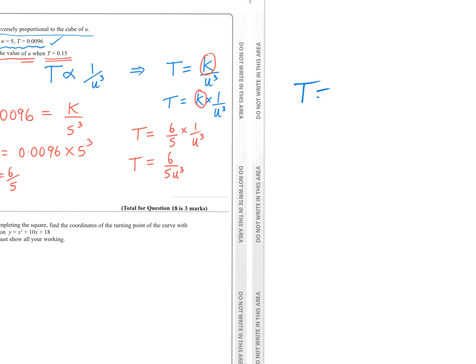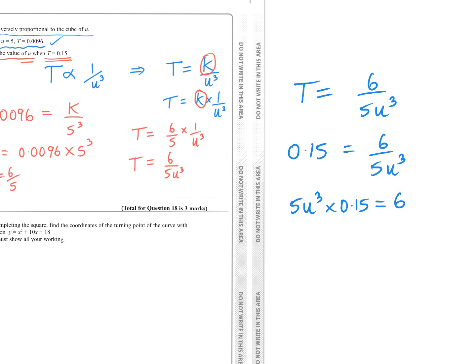So we've got t is 6 divided by 5u cubed. We've got to find the value of u when t is 0.15. So just by rearranging this, we would have multiplying both sides by 5u cubed would give us this situation, and then dividing both sides by 0.15 would give us this, and then divide both sides by 5 again.